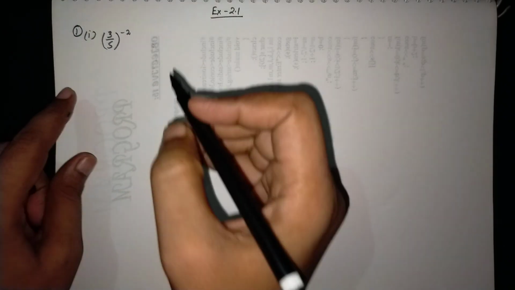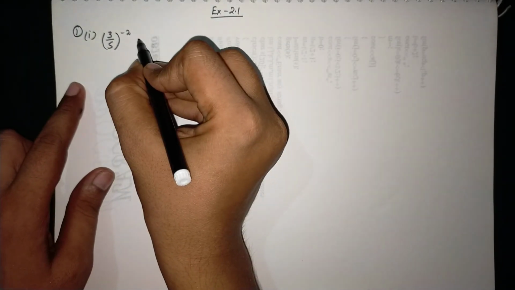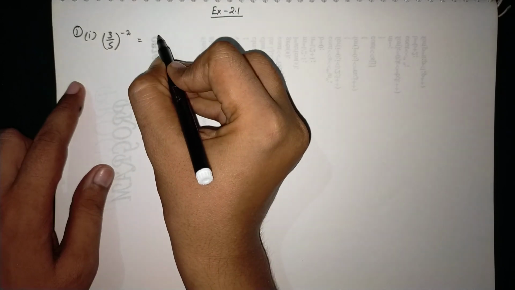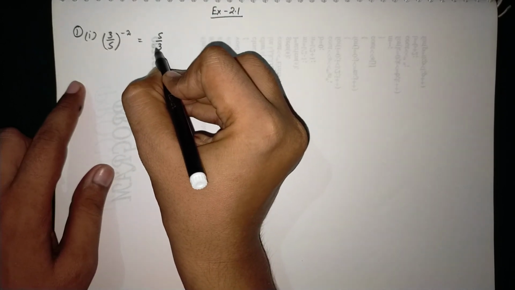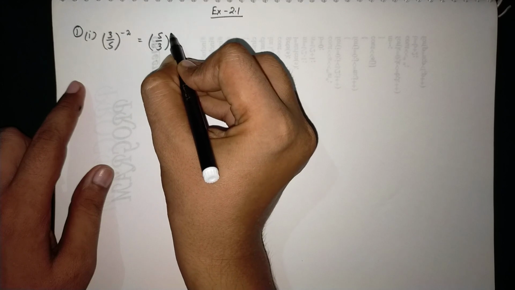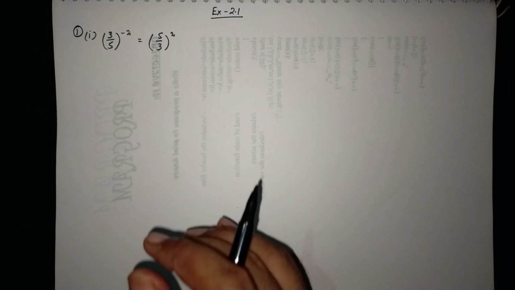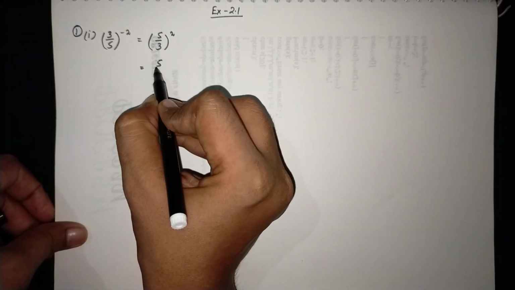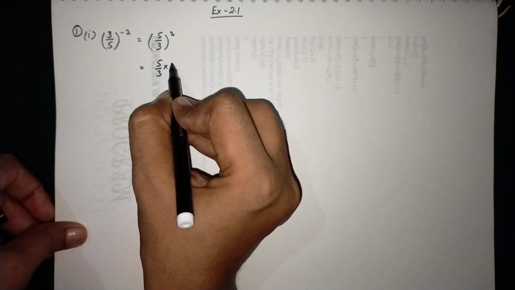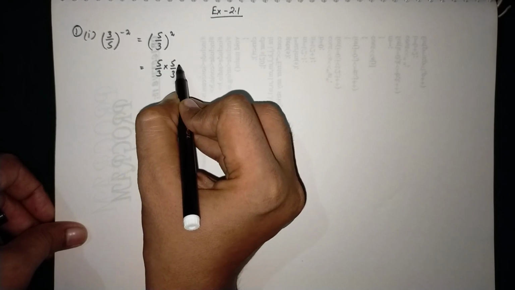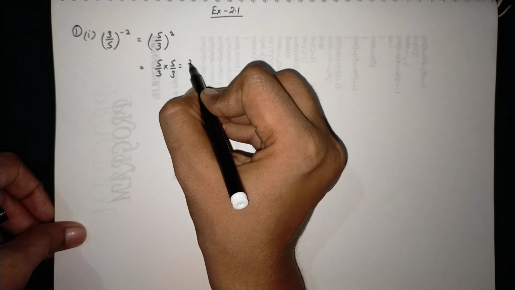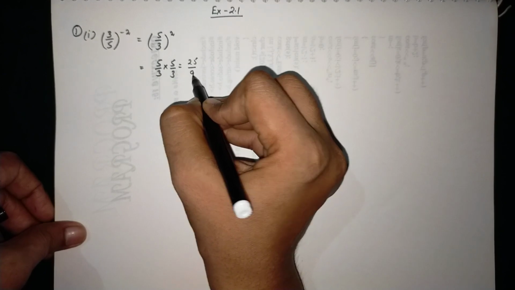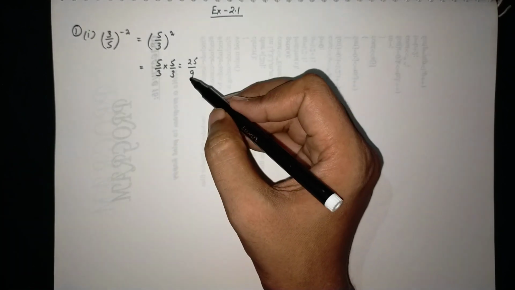This can be written as, since we have a negative power over here, 5 upon 3 whole to the power 2, and now we have a power of 2, so we can write this as 5 upon 3 into 5 by 3, that equals 25 by 9 as the answer.